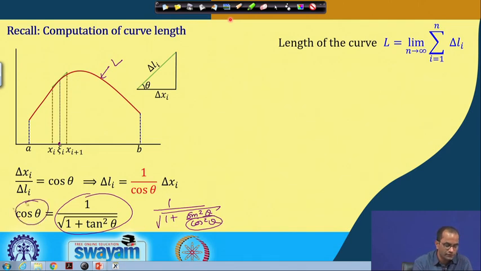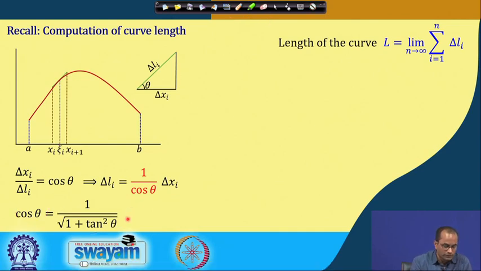So we end up with cos theta only. From this equality, cos theta equals 1 over the square root of 1 plus tan square theta, we can also get 1 over cos theta by inverting it.